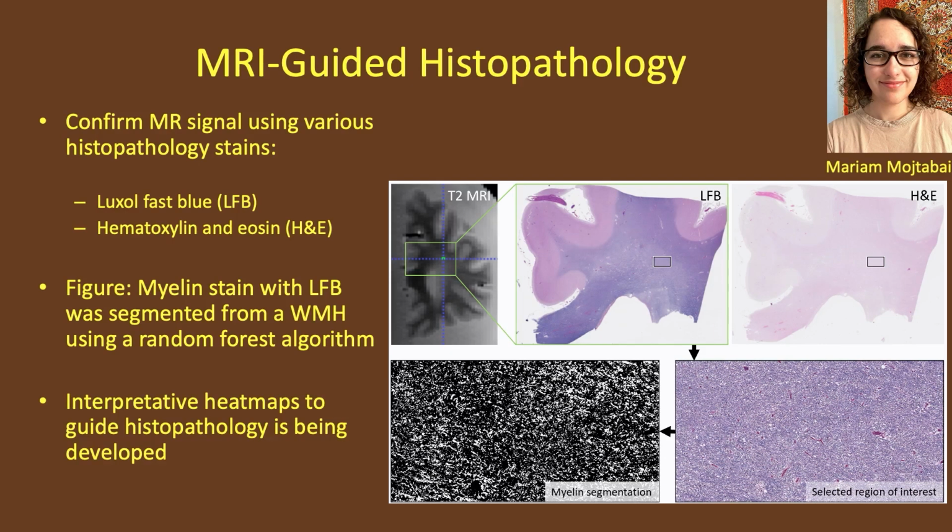As a result, we are able to tell and validate the MR signal with the histopathological substrates that can be present in that particular location. In the same way, we are going to start exploring the interpretive heat maps we have just discovered earlier, and guide histopathology with various stains for validation.